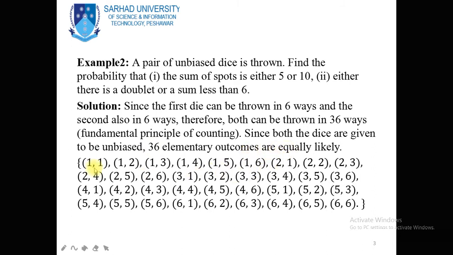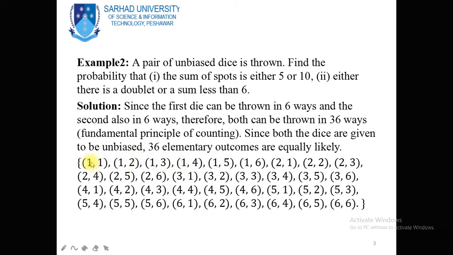For this case, the sample space contains all these possible outcomes of the experiment that a pair of unbiased dice is thrown. Suppose we fix the result of the first die, and the result of the second die varies.